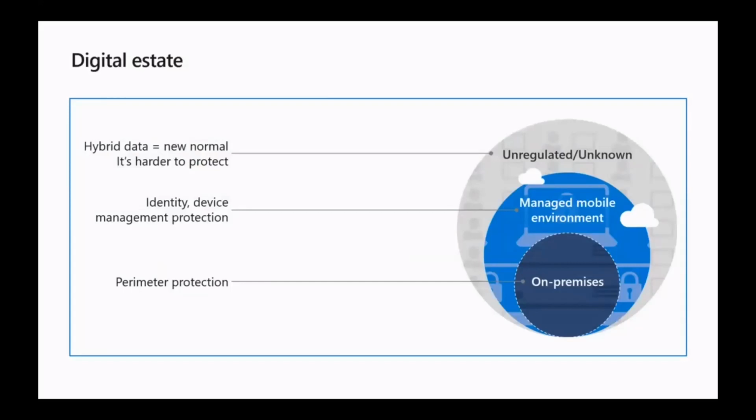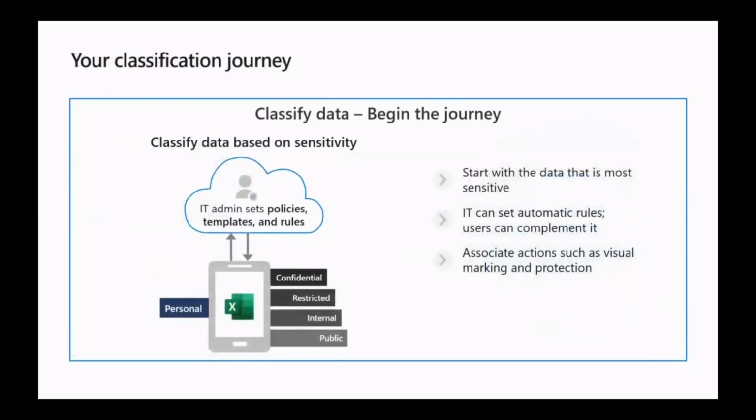Okay, so switching back to the beginning, you need to start by defining a classification journey. In this case, first you need to classify your data. This is just the beginning of your journey. You can start, for example, classifying your data based on sensitivity, for example, by defining who created that information. If this information was created by the Human Resources Department, that information could pertain only to that department.